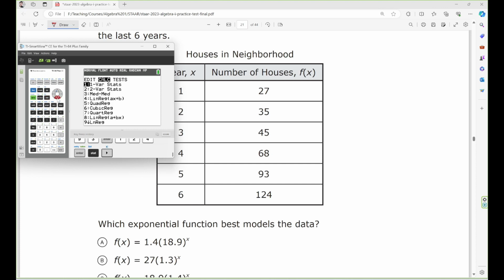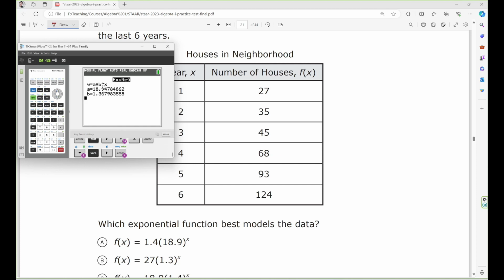Alright, you need to go down until you see exponential regression right here. Exponential, because this question asks you to do exponential function. Hit enter. Go down to calculate. Hit vars, y vars, function y1. Hit enter, enter one more time. The answer is right here.